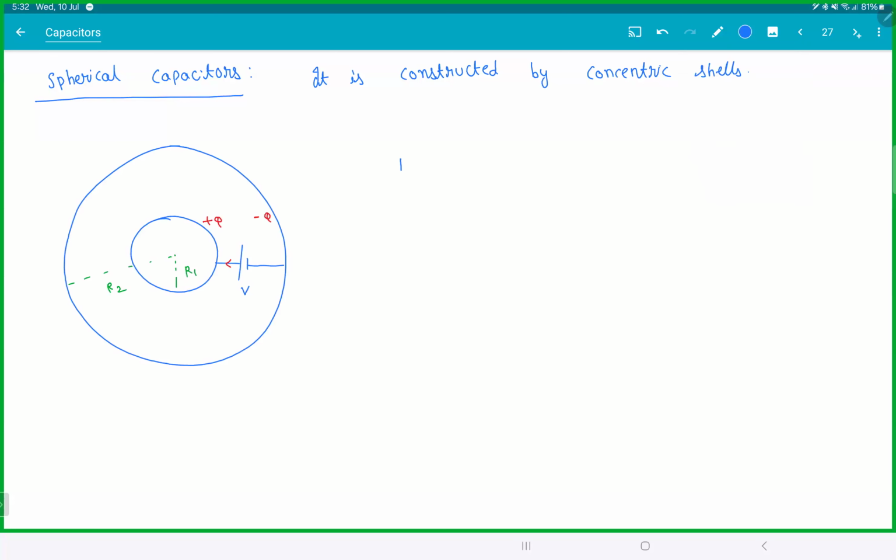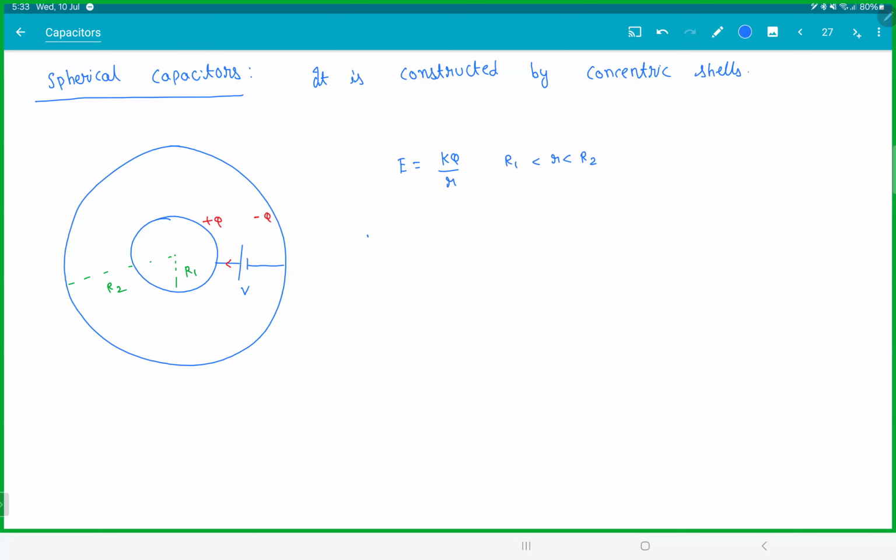So if you take the field between the shells, it will be KQ by small r, for small r between R1 and R2. Because there will be no field inside R1, and no field outside again.